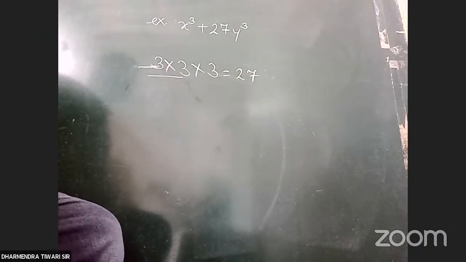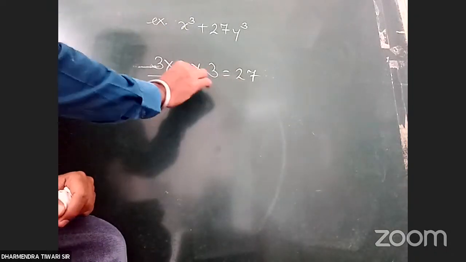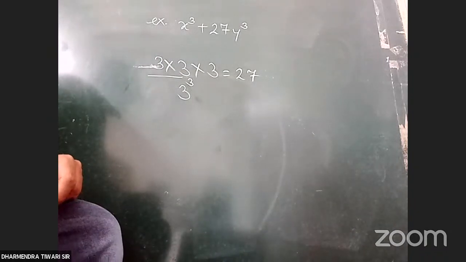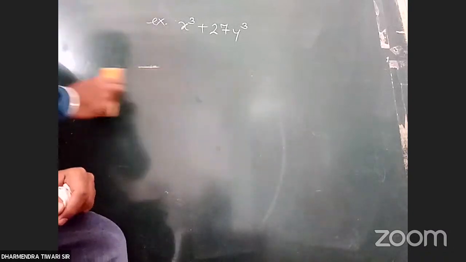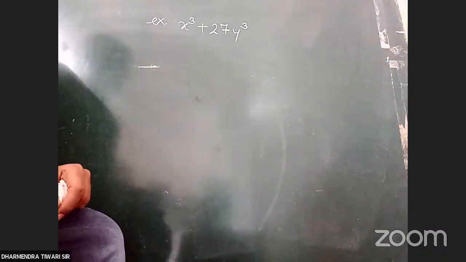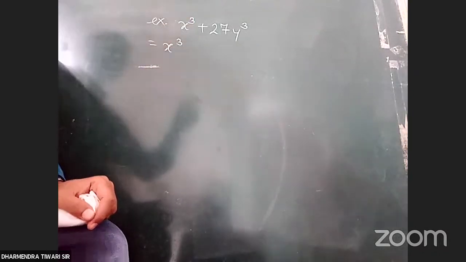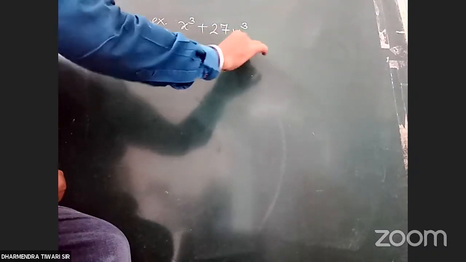Okay, so we got 27. Means we can write this 27 as 3 raised to 3, law of indices. Let's apply this. We can write this as x cube plus 3 cube y cube.